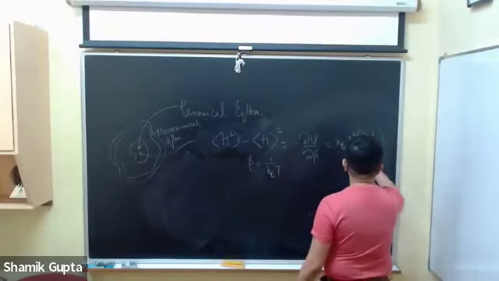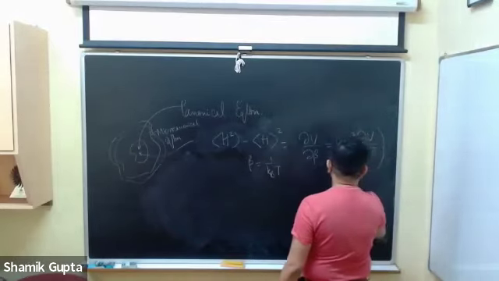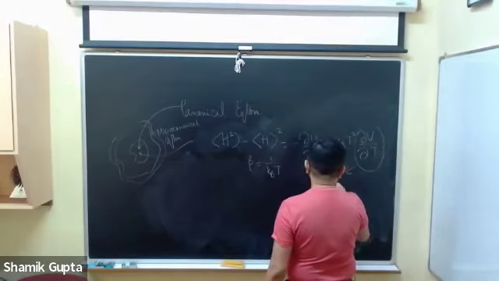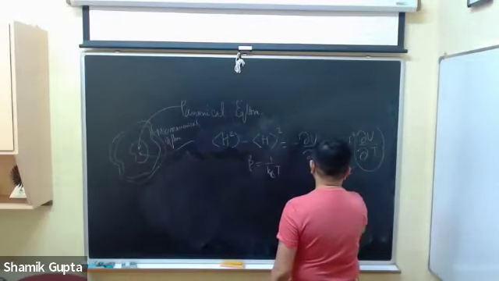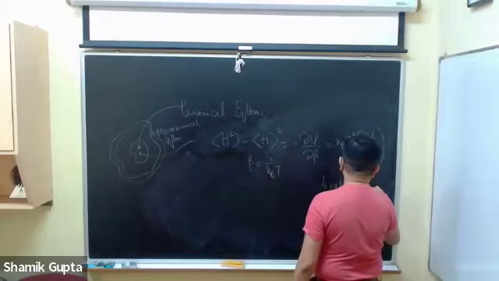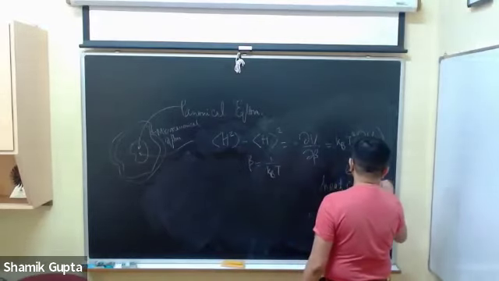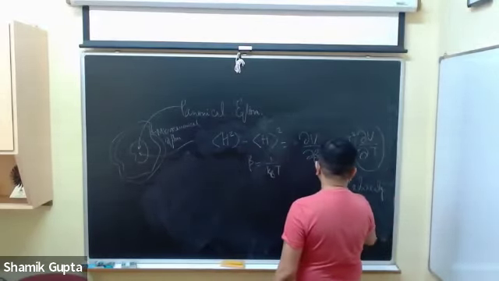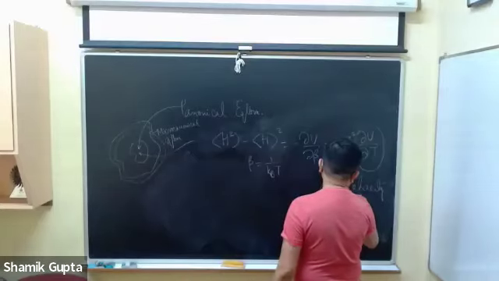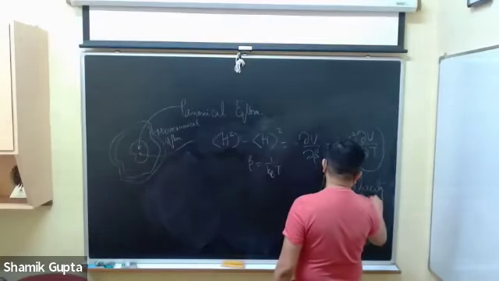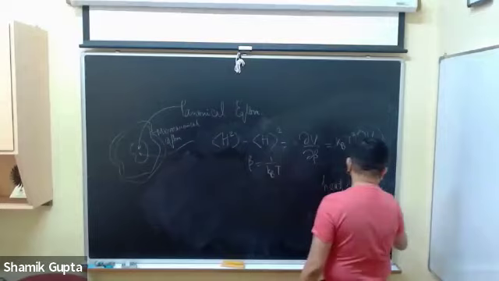This quantity del U del T is nothing but the heat capacity of the system at constant volume.